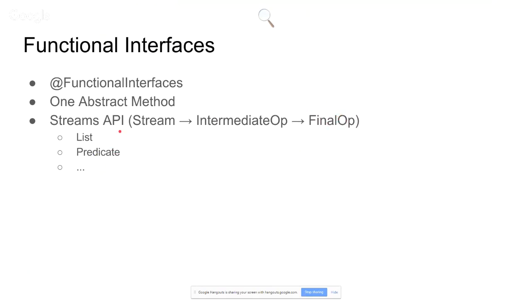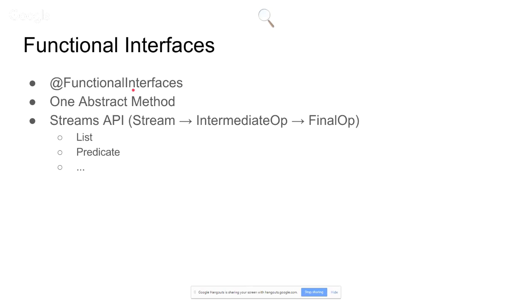Some functional interfaces inside Java 8 are Predicate, Comparator, and so on. There are tons of functional interfaces inside Java that you could use.